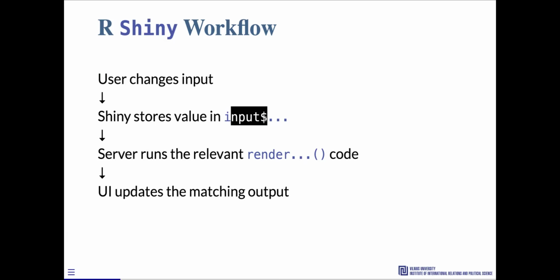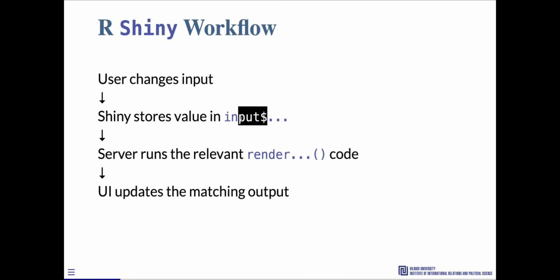So Shiny collects this input, stores it in an object, and then feeds this collected input to the server. And the server uses this input to run code in what is typically a render function.